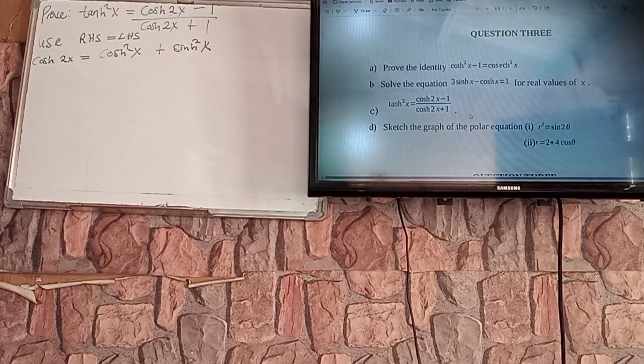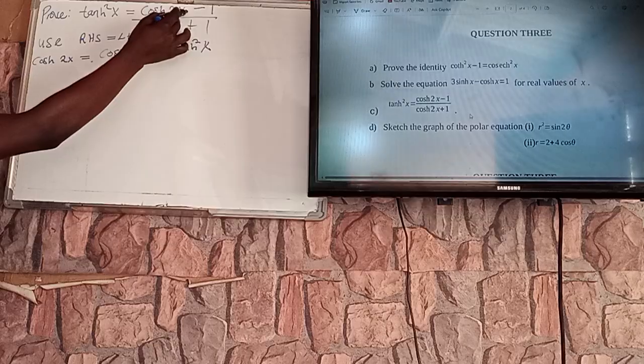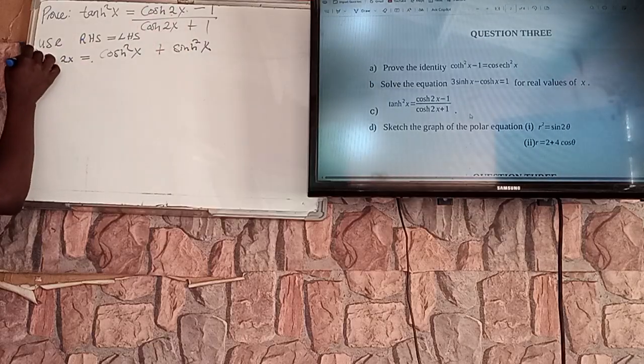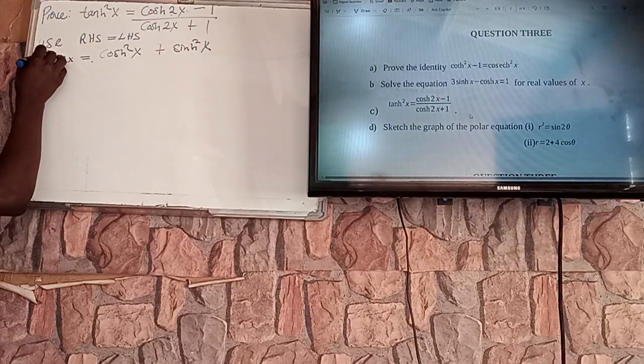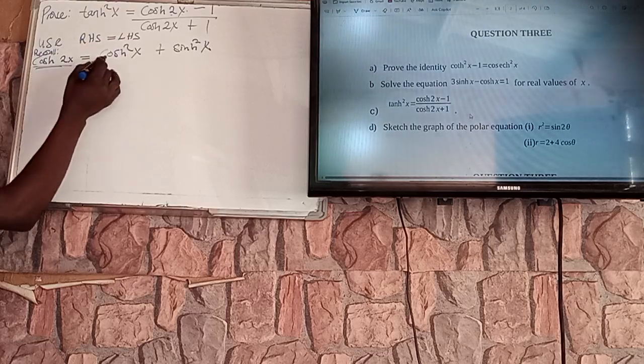This is the identity you are trying to recall. From my right hand side, everywhere there is cosh 2x, I'll replace it with that.